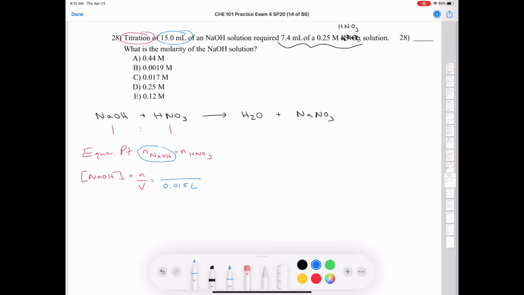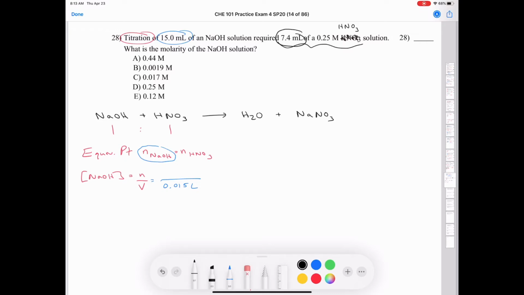So how are we going to do that? Well, we're given the number of milliliters, or the volume, of nitric acid, and we're given the molarity of nitric acid. So let's use some dimensional analysis and solve for the number of moles of nitric acid, and then use our balanced equation to determine the number of moles of sodium hydroxide. Again, I'm going to go ahead and convert this volume into liters in my head.